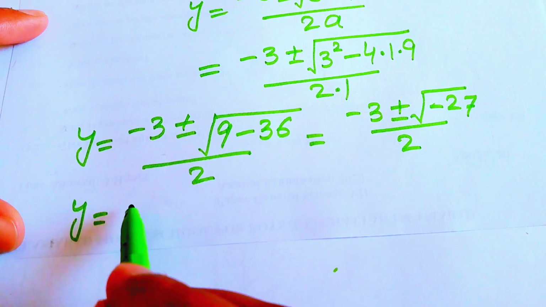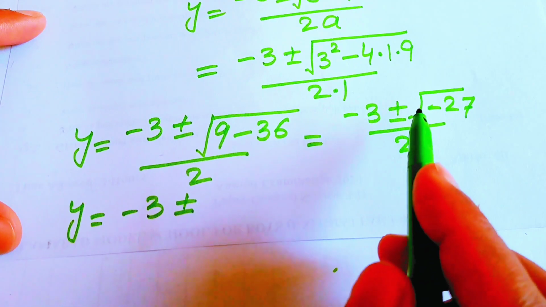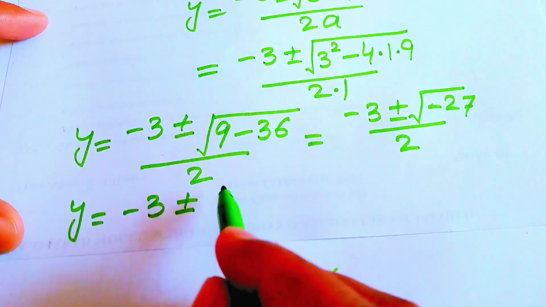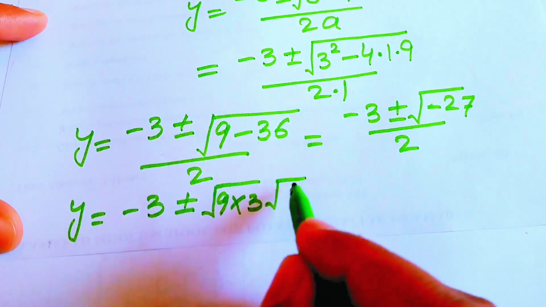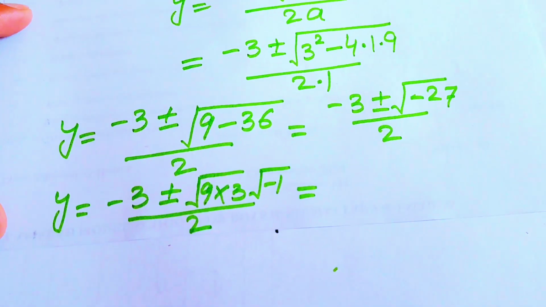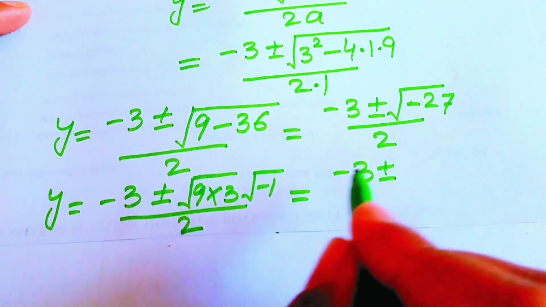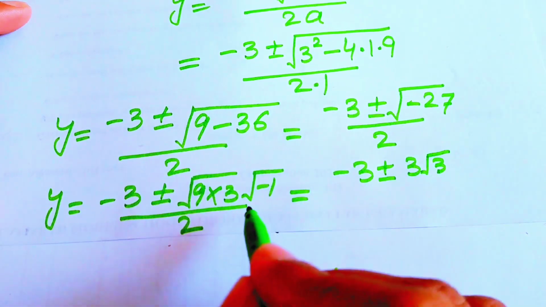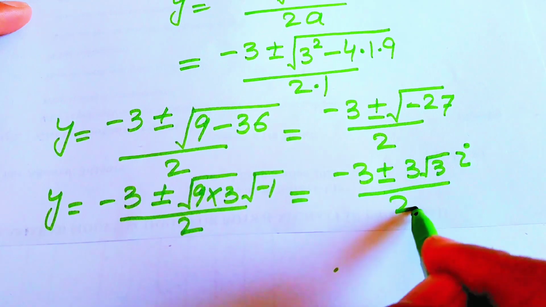So we get the value of y is minus 3 plus minus, here we separate the square root of minus 1 and 27. We write this 27 as 9 times 3, and the square root of minus 1 divided by 2. So now in the next step, we write this as minus 3 plus minus 3 into square root of 3, and the square root of minus 1 equals iota, divided by 2.